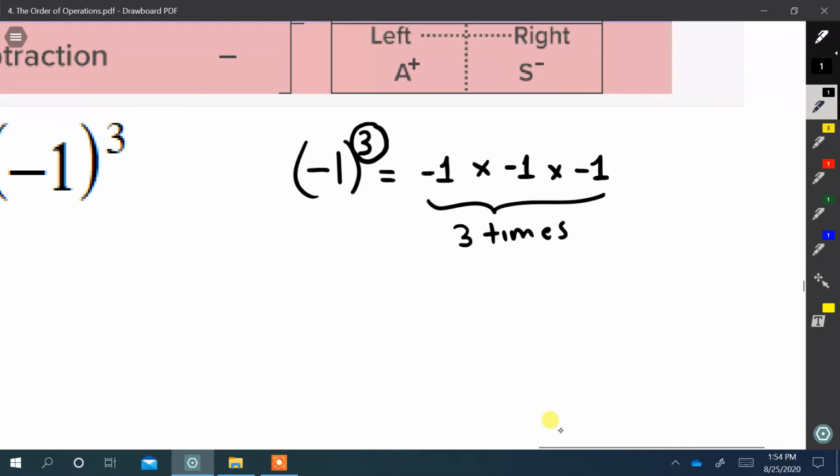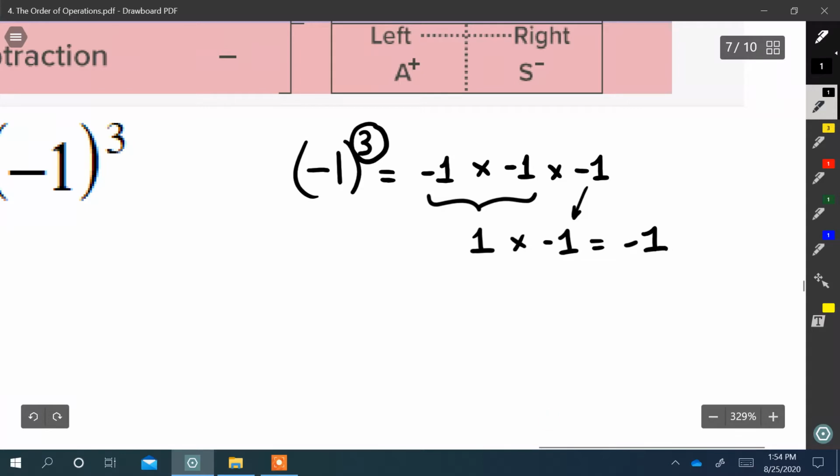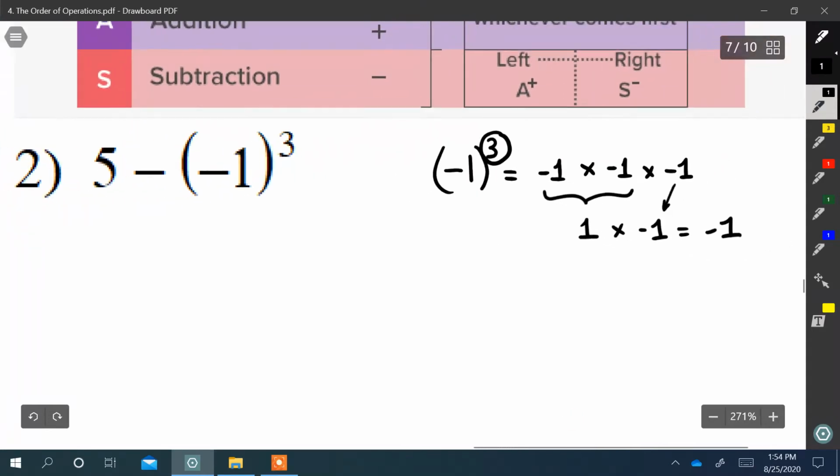Negative 1 times negative 1, you're going to notice that's positive 1. And when I multiply 1 times negative 1 again, that's going to give me negative 1. According to PEMDAS, we were supposed to do that first because we do exponents first.